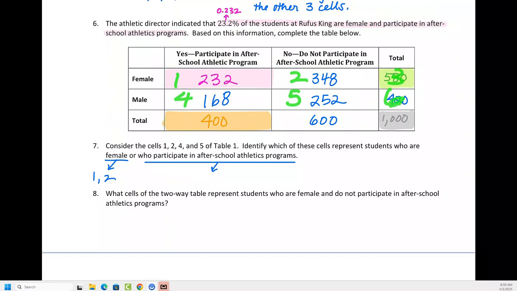Which of those cells participate in an after-school program? 1 and 4, good job. If we're saying or, because it has the word or, it would be cells 1, 2, and 4. It's 1 and 2 and 1 and 4, but we don't have to repeat the 1. So that's going to be the answer there.